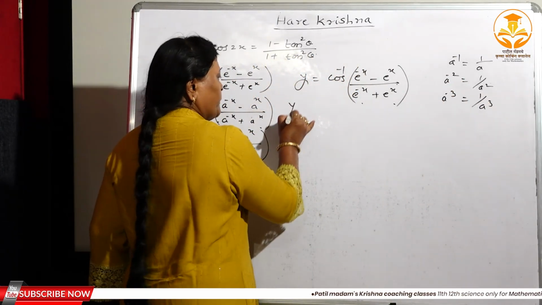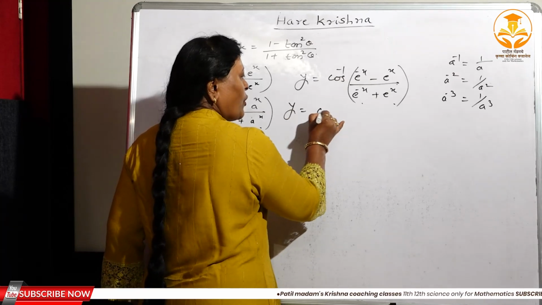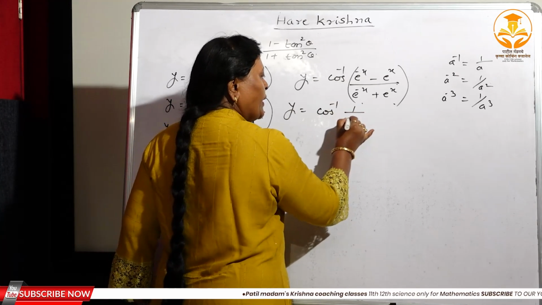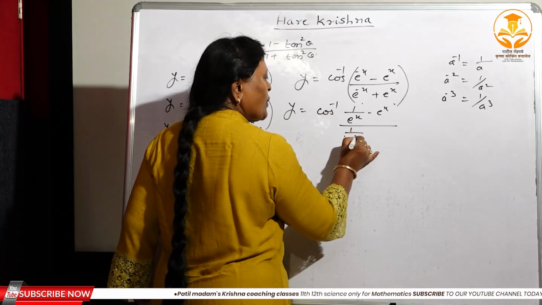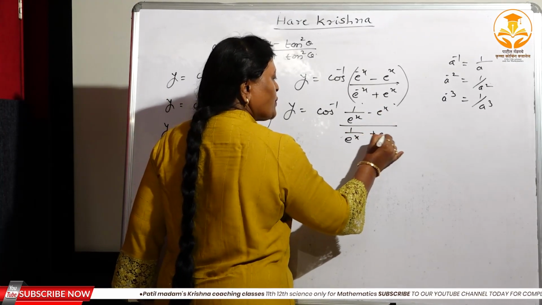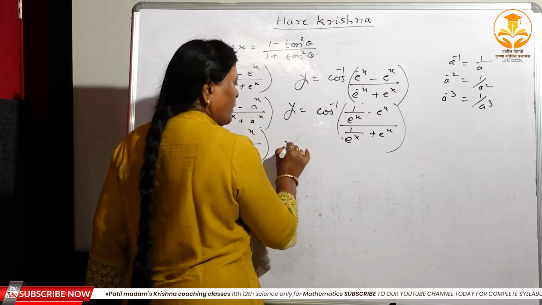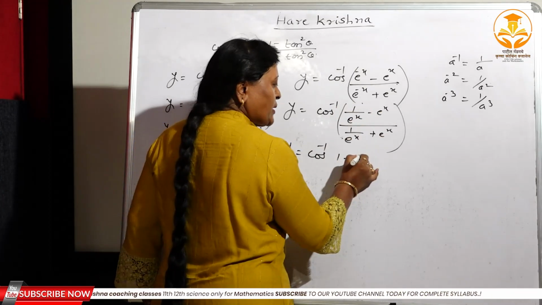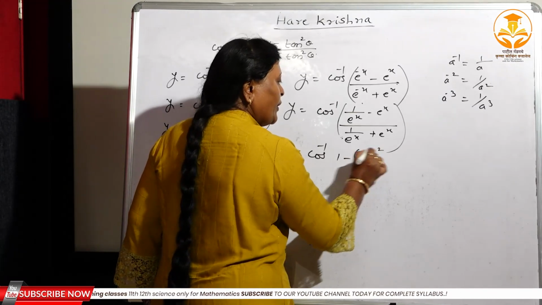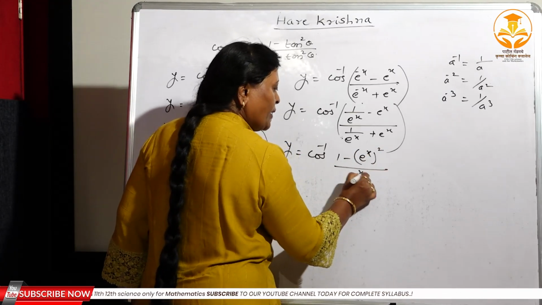In the same way, here also, cos inverse of (1 upon e raised to x minus e raised to x) divided by (1 upon e raised to x plus e raised to x). Right? Again, by cross multiplication, 1 minus (e raised to x) whole square divided by e raised to x, and 1 plus (e raised to x) whole square divided by e raised to x.